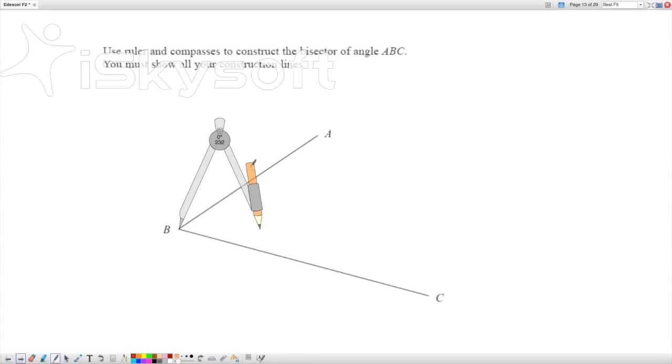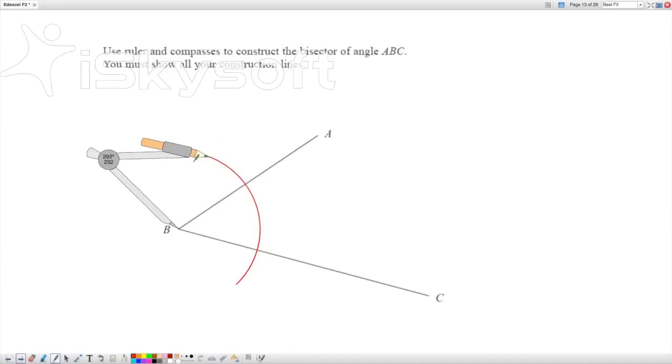Once you've got that, then you're going to take your ruler and your pencil, and go all the way along, so from here and up here. So you must cut this part of the line, the AB bit and the BC bit.